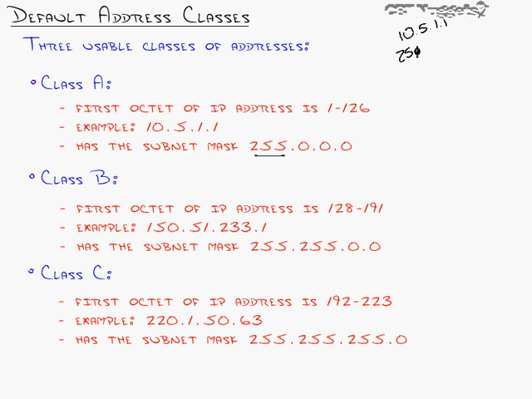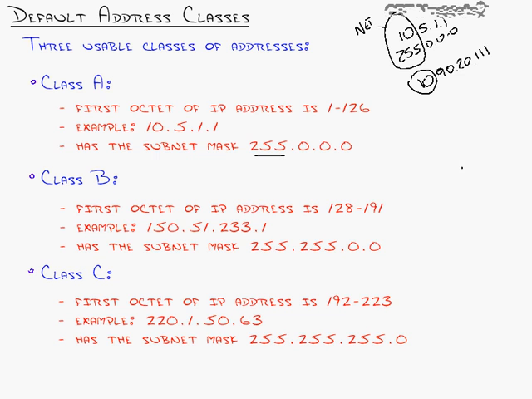With the default subnet mask 255.0.0.0, that means that anything starting with 10 represents the network, and all three other octets represent hosts on that network. So for example, if I had 10.90.20.111, that would be considered a host on the same network because they just both start with 10. That's a Class A network.